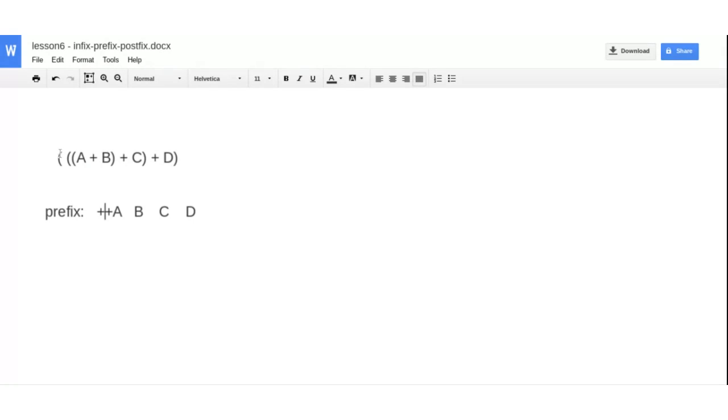And of course, the right bracket is the one which is behind the D. So this plus will come to this bracket, and then you remove the brackets. And so it will come to the front of our existing plus. So it will go there. And so that's the way these will convert to the prefix.